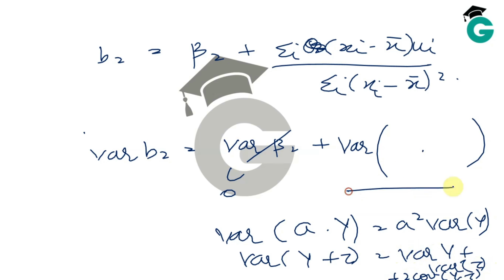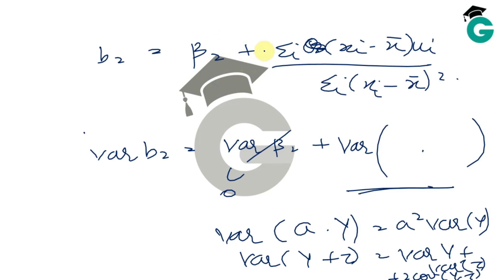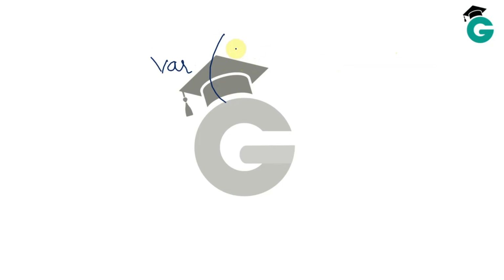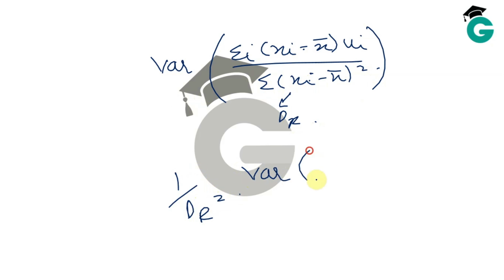Okay, so let's just try to look at this term here. So what you have is variance of summation xi minus x bar ui over summation xi minus x bar square, right? Now both these things are constant. So first of all, let me take this one out. The denominator I will take out directly, right? So I will say, okay, 1 over denominator squared variance of summation i xi minus x bar ui.